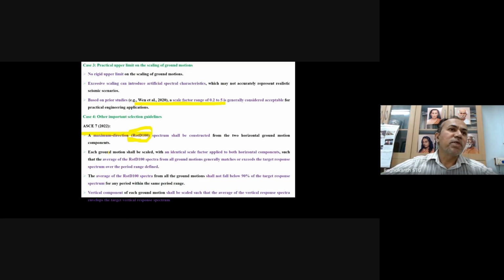So you take any ground motions, 2 horizontals, you multiply by a scale factor, and then you compute this RotD100, and then you compare this with the design spectrum, and you should not go below 90% of this spectra. And then vertical is fine. Vertical there is only one component, so they say you can scale directly with the design spectrum itself.